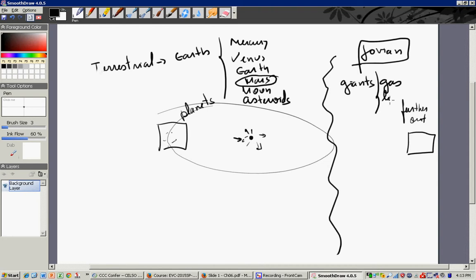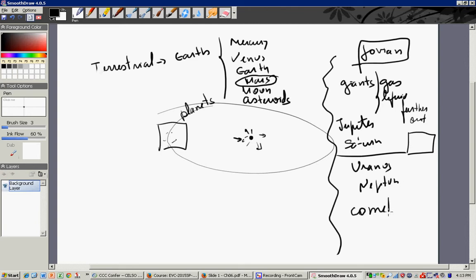I like to call them giant liquid planets, and they are pretty much Jupiter and Saturn. And further out, kind of icy planets, Uranus and Neptune. And then you also have, of course, the comets, balls of dirty ice that populate this region as well.